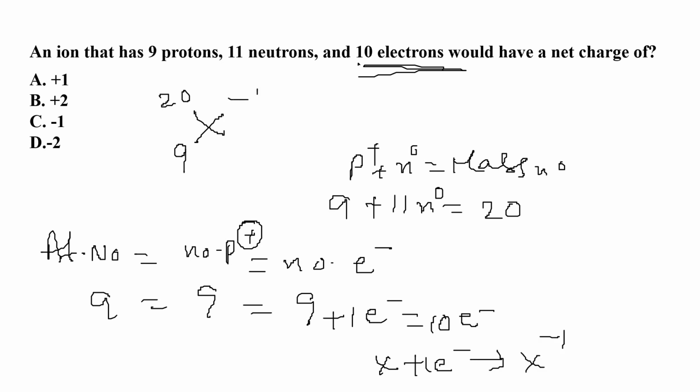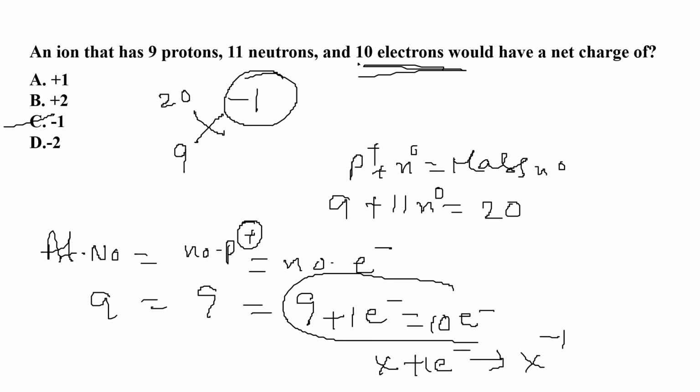So here the charge is X minus 1. So our answer is what? C is the right answer, because here 1 extra electron is there compared to protons. So we will get X minus 1. So your answer is C.